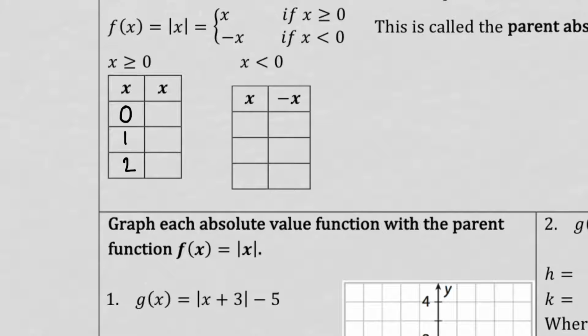I am plugging in those numbers into this, which is the exact same thing that I'm starting with, right? So I should get the exact same thing back. So 0 gives me 0, 1 gives me 1, and 2 gives me 2. And we're done with that table.